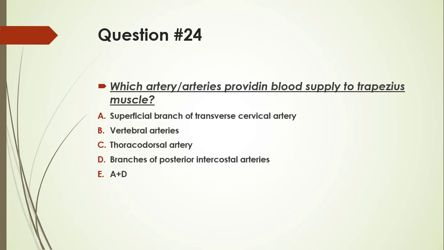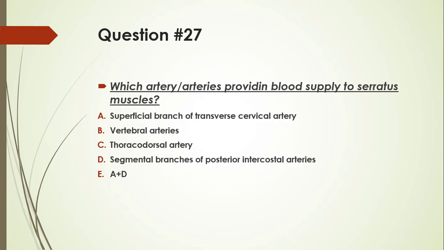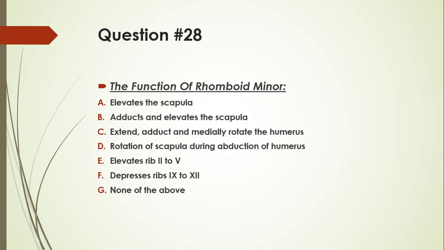Which artery or arteries provide blood supply to the trapezius muscle? Which artery or arteries provide blood supply to latissimus dorsi muscle? Which arteries provide blood supply to levator scapulae? Which arteries provide blood supply to serratus muscles? What is the function of rhomboid minor? What is the function of rhomboid major?